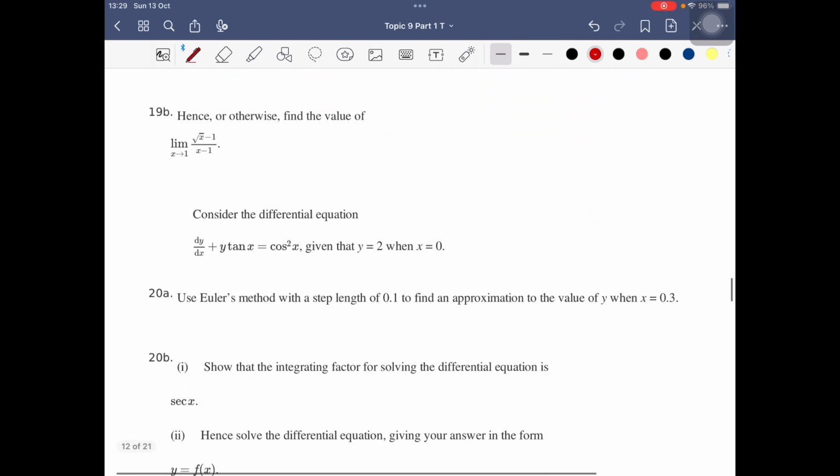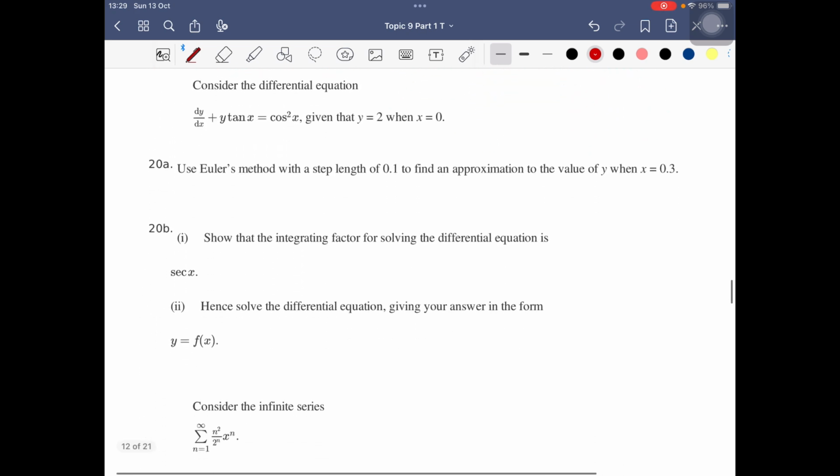Taylor series is not in our area. So the integrating factor for tangent of x: tangent of x is sine x over cosine x. Let u be cos x, so du over dx is negative sine x.